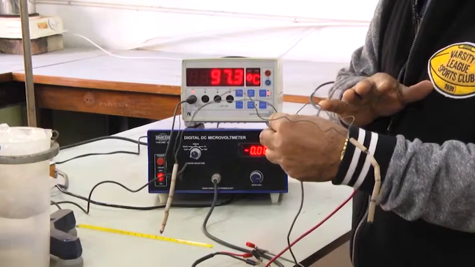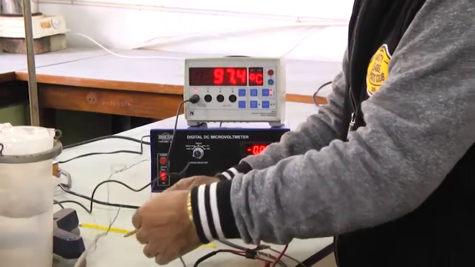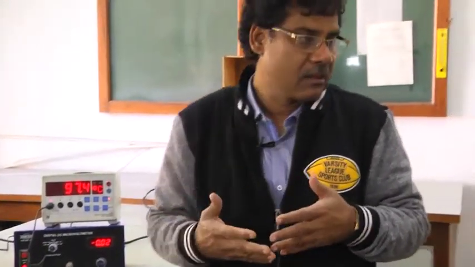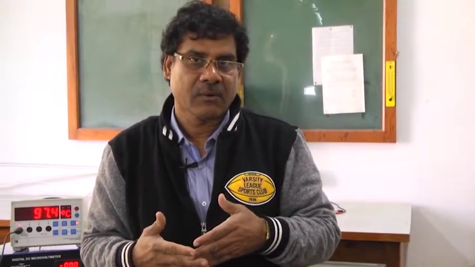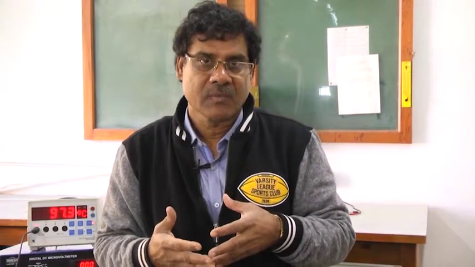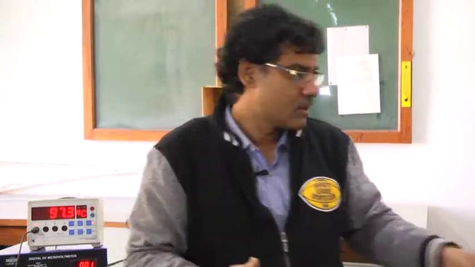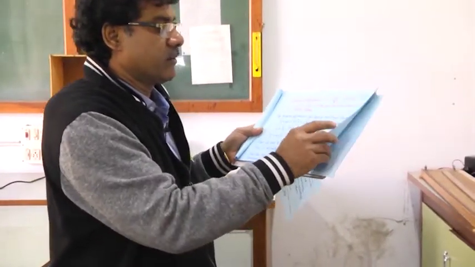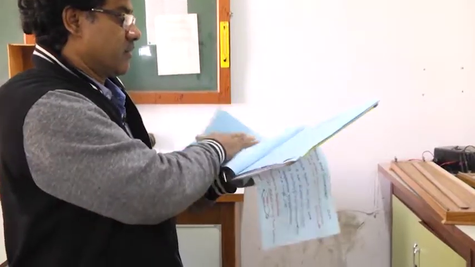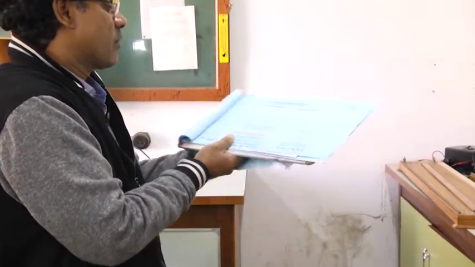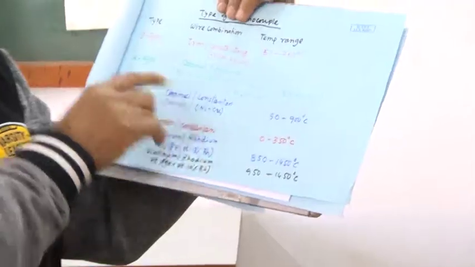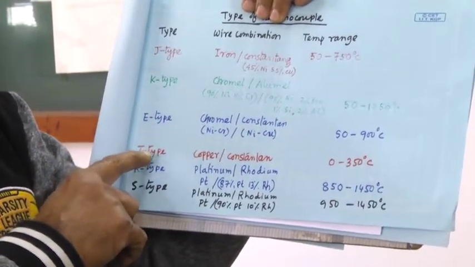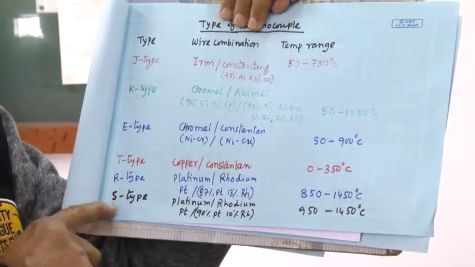I think I should tell you slightly more about the different types of thermocouple people use in their labs. I have that chart. The types of thermocouple have different names: J type, K type, E type, T type, R type, S type.